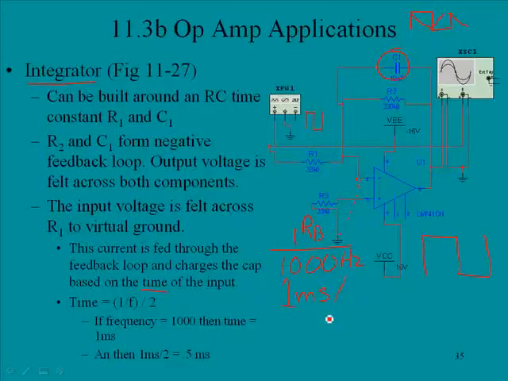So we're going to take this and divide it by 2, so we would have 0.5 milliseconds as our time. And so when we put this into a formula, we need to be able to specify the right time that we're going to be using.